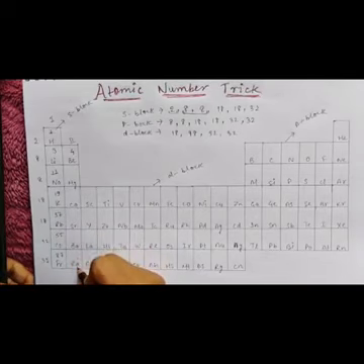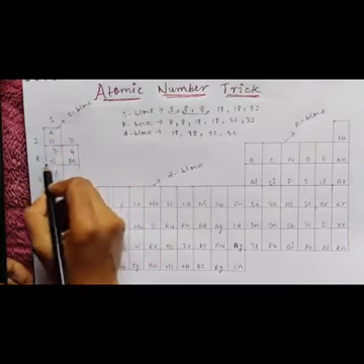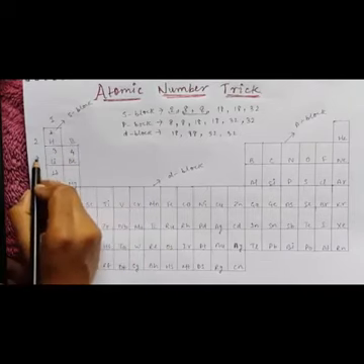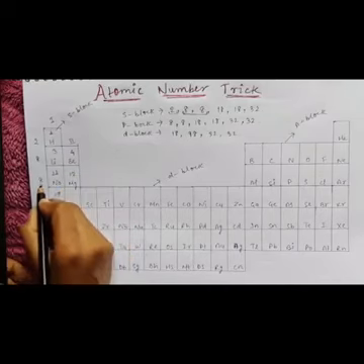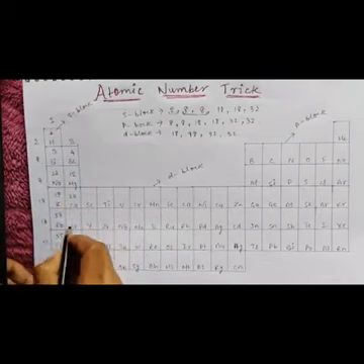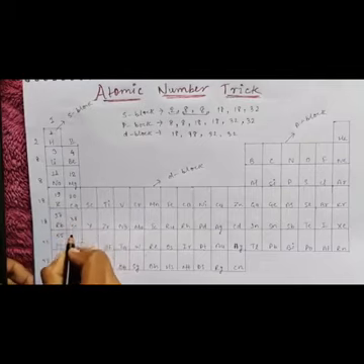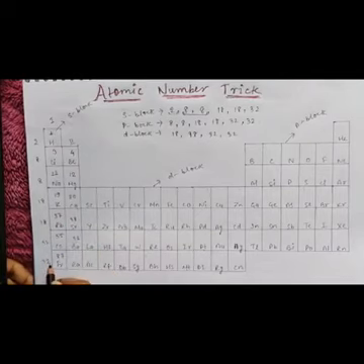So 4 plus 8, yes, 12. Otherwise, on the left side, you can write just one extra number also, like 57, next 58, like that.